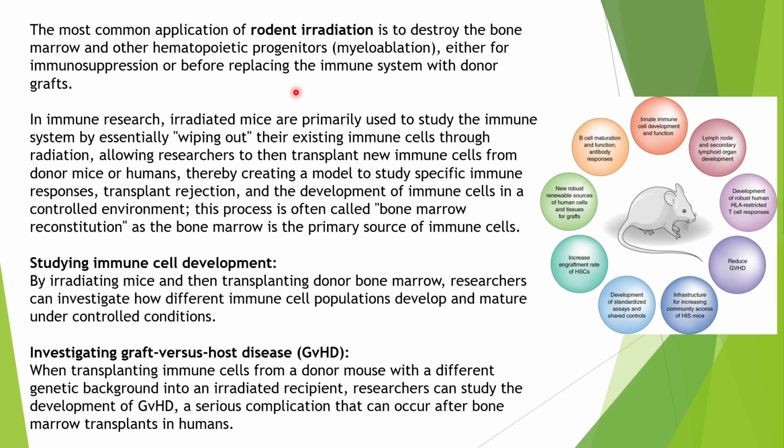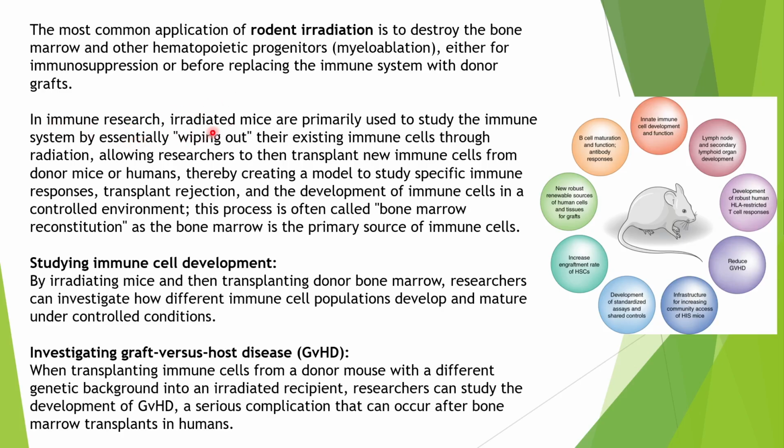So as I said, if you want to check clinical applications of anything that you have developed, if you want to graft from a donor, if you want to inject one particular type of cells or some modified T cells or CD positive cells, if you have manipulated something and then you want to inject it and check its response in the mice, this is very helpful. So first you destroy the bone marrow and other hematopoietic progenitors, and this is majorly for immunosuppression.